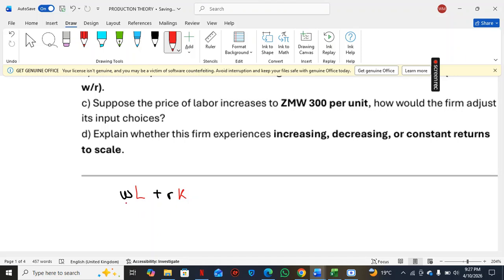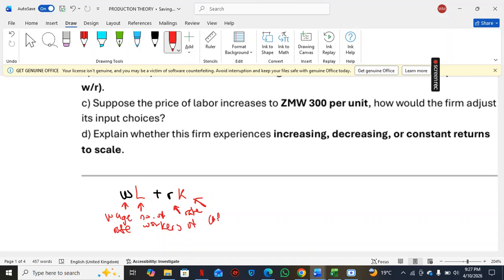Okay, colleagues? W, wage rate. L, number of workers, because L is labor. R, rate of capital. K, quantity of capital.